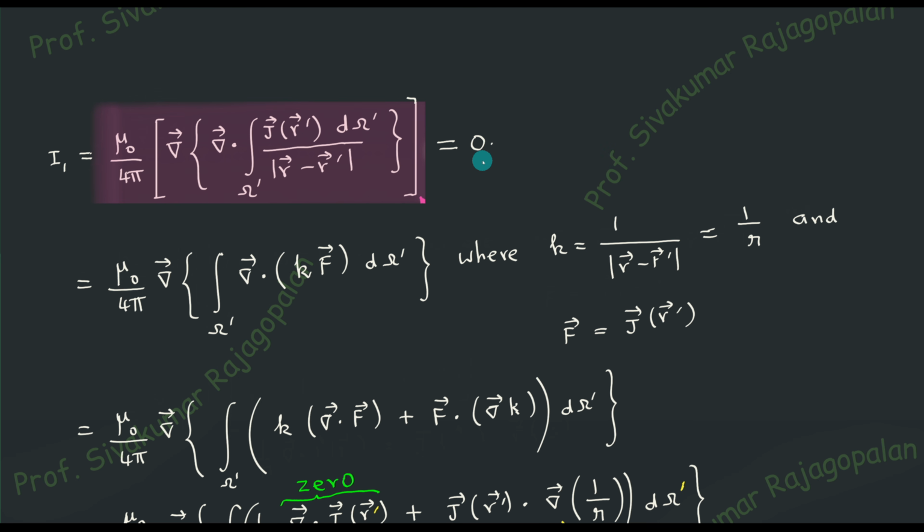For dynamics it is not 0, some extra term will come. So that's all about it. And once the I1 is 0, you know what happened in the last class. That is the conclusion, that the curl of the magnetic field is equal to mu naught into J. So therefore, probably in the next class I will discuss the gauge transformation, and in particular the Coulomb gauge.